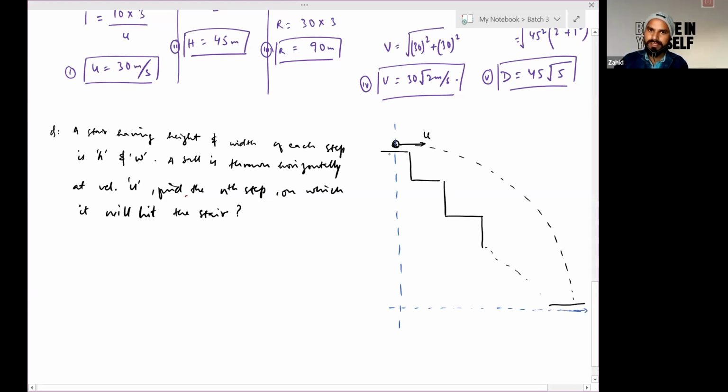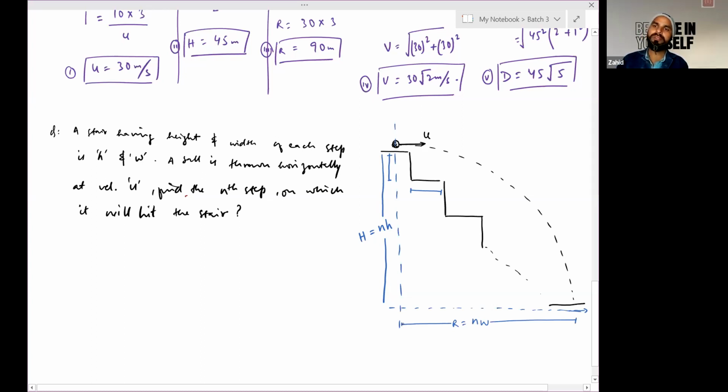As each step is h unit high, the total height will be n times h. Similarly, each step is w unit wide, so the total width of n steps will be the range from this point to this point.